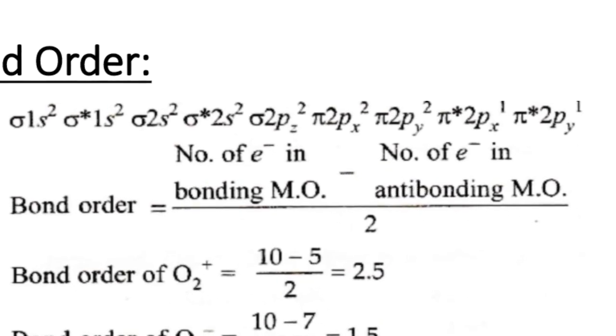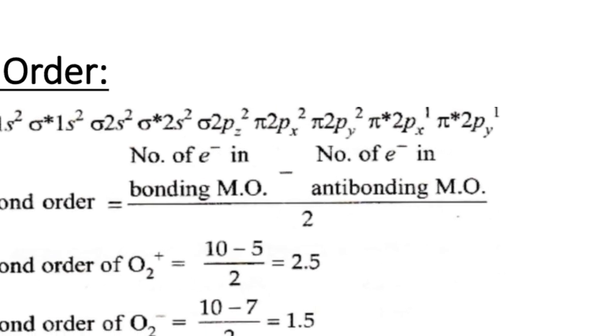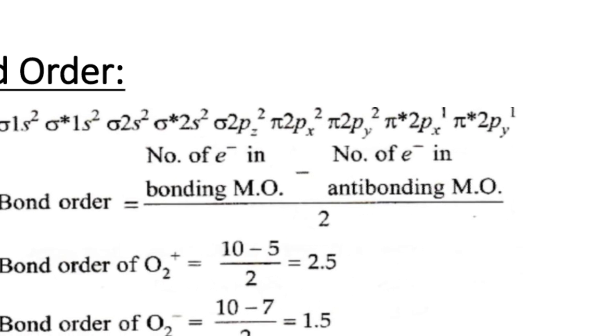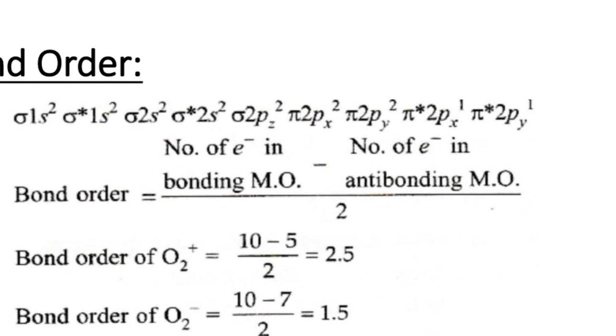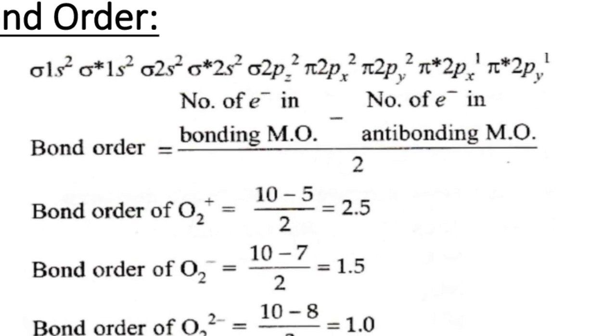By the molecular orbital formula we find the electronic configuration of the molecules. We know how to write the electronic configuration of atoms, and in the same manner we write the electronic configuration of the molecules. The bond order is calculated only for molecules, not for atoms.